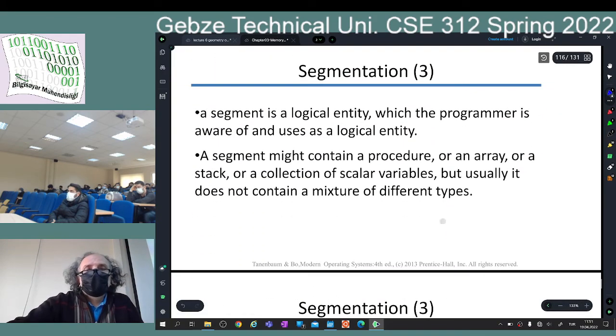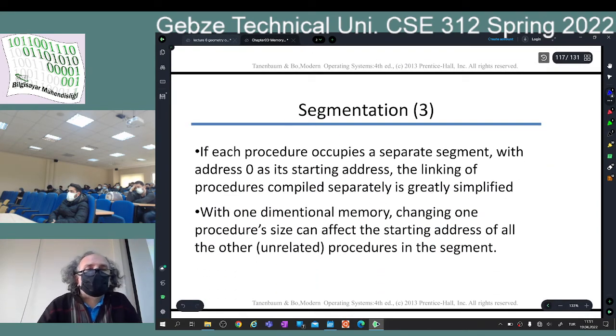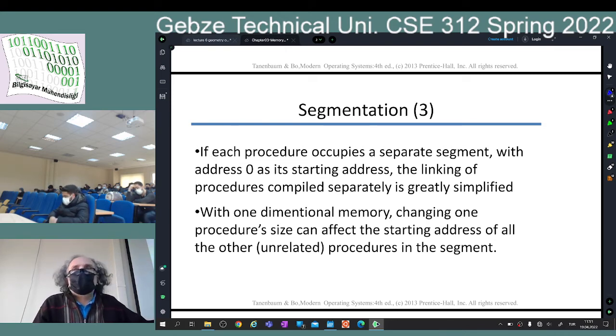So I think I was talking about this one, right? Yeah. The linking of separately compiled procedures is greatly simplified. Every procedure knows where it is inside that segment. Linking simply means that you are going to use this segment and that segment. That's it.